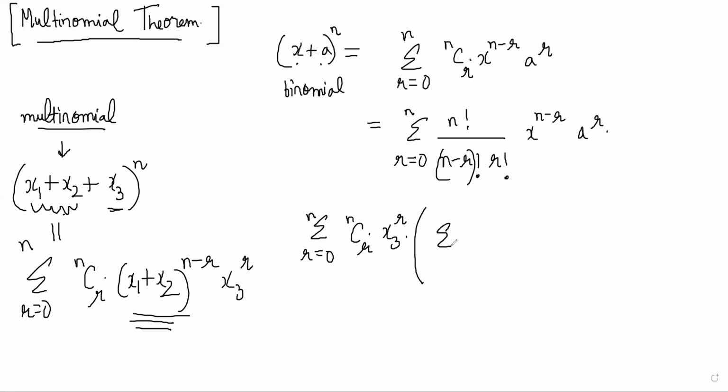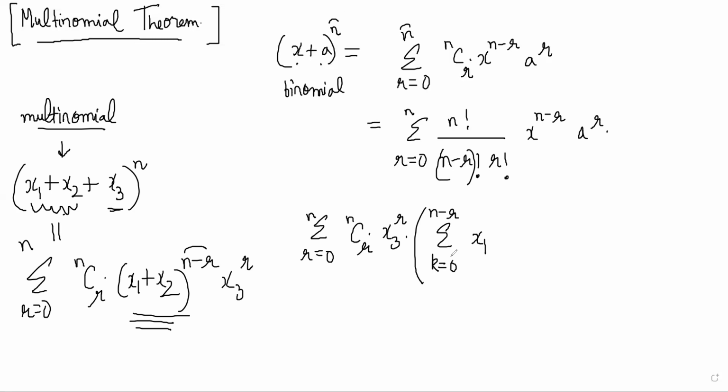So my summation will be, let's say, k goes from 0 to n minus r, right? Yes, because the power is n minus r. Here the power was n, so the summation was till n. And now the variable of summation I've changed because r has already been used, so I'll use k now.